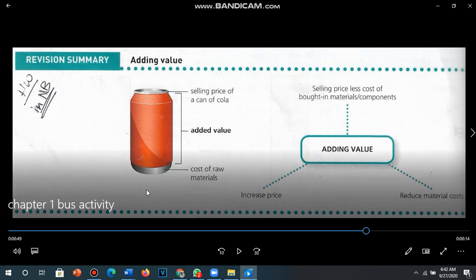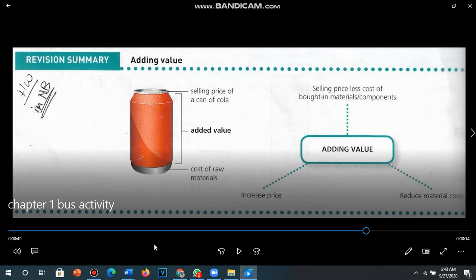So when you add value, you sell price less cost of bought in materials or components. You may increase the price, or reduce the material cost if you want to increase the added value.